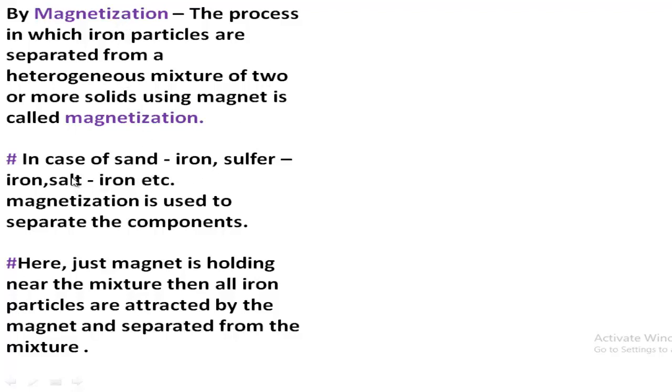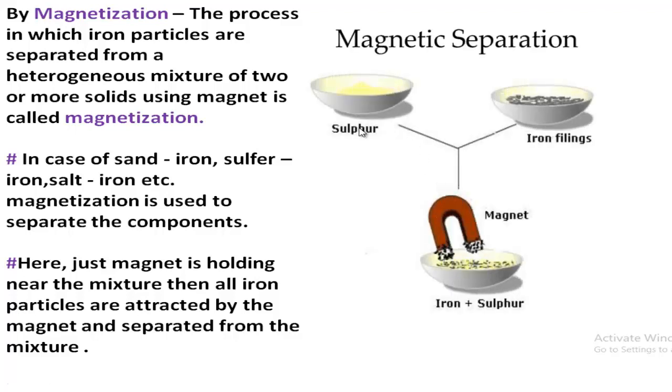So if you are given any heterogeneous mixture of iron, such as sand and iron, or sulfur and iron, or salt and iron, then you can easily separate iron from the mixture by using a magnet. Follow the picture. Here these are sulfur particles, yellowish in color, and grey colored iron filings, that means small pieces of iron.